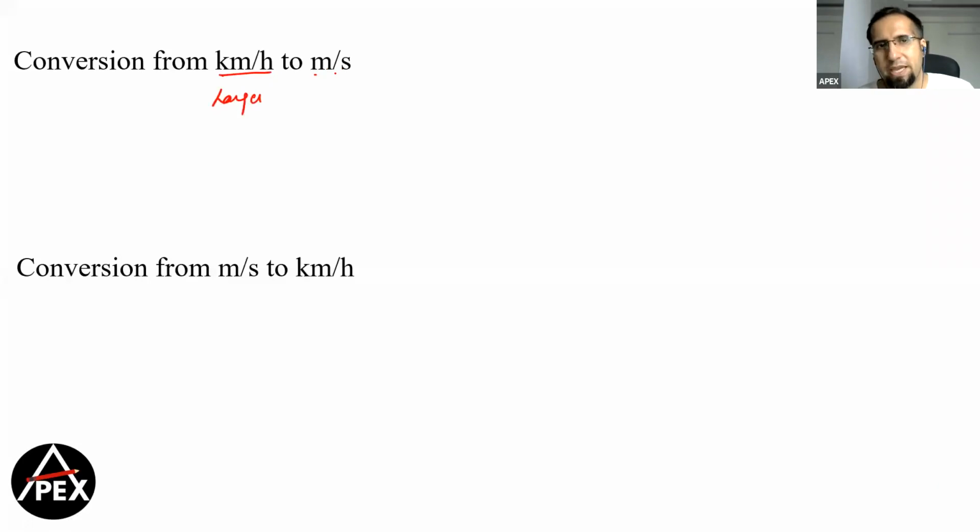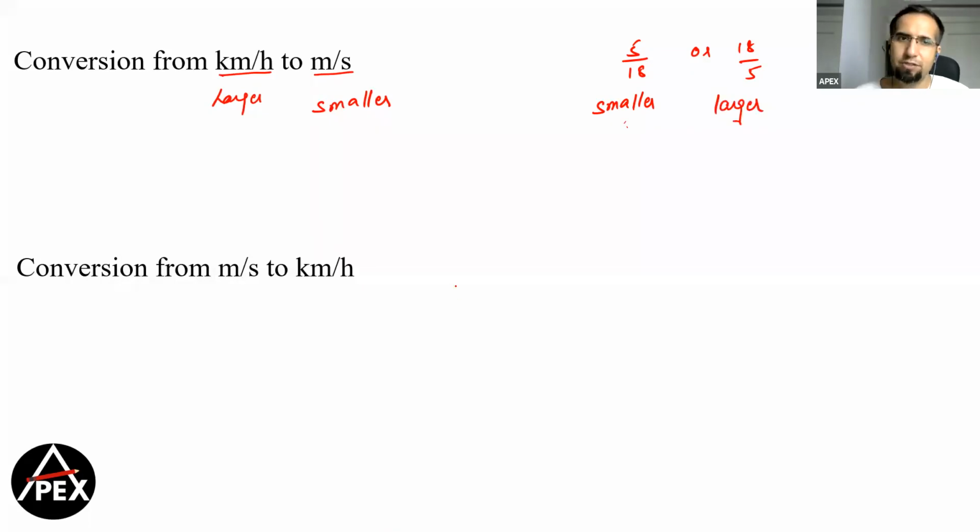And meters per second is a smaller unit. Okay. In school we have learned either we are multiplying by 5 by 18 or we are multiplying with 18 by 5. So 5 by 18 is a smaller fraction and 18 by 5 is a larger fraction, right? So remember, from larger, if I'm moving to smaller, I'm multiplying with a smaller fraction.